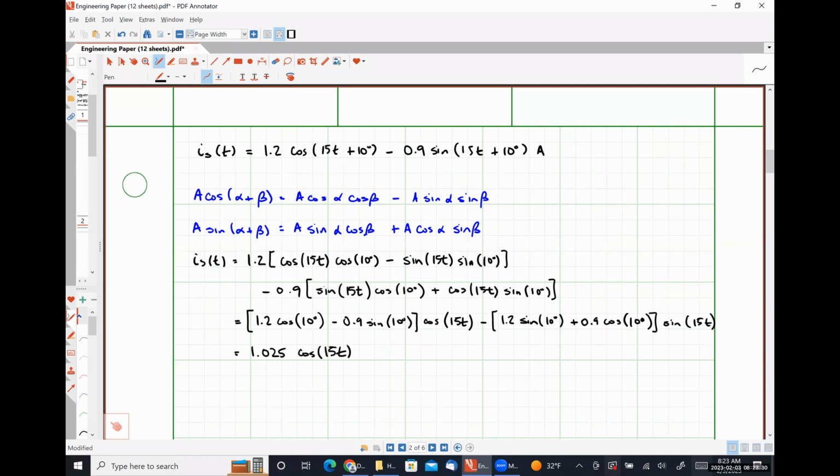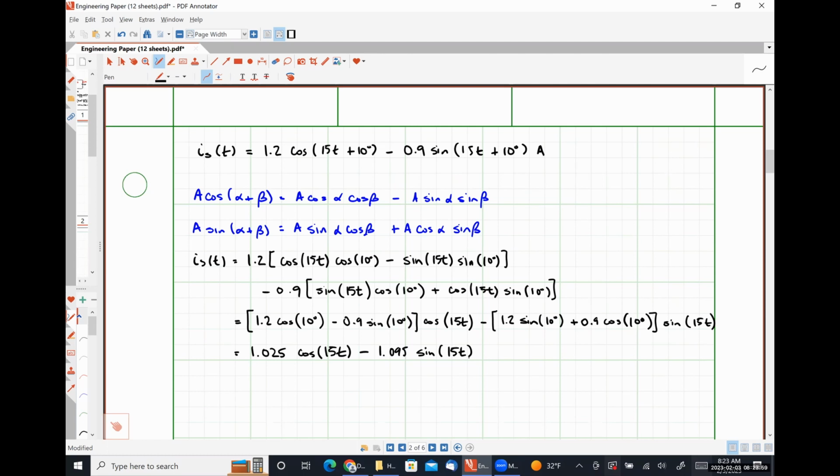And then if I do the other part, 1.2 sine 10 degrees plus 0.9 cosine 10 degrees comes out to be 1.095. So we're going to have minus 1.095 sine 15t.